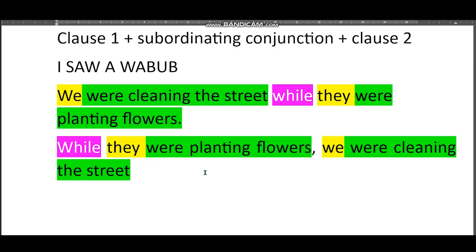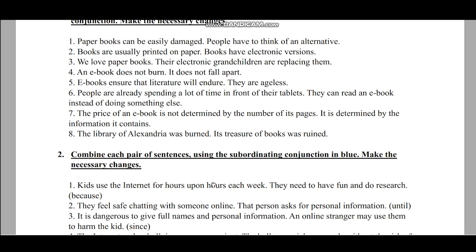So, there are two correct ways to join two clauses with a subordinating conjunction. If it's in between, we do not add any commas. If we started the sentence with the subordinating conjunction, so after the clause ends, we use a comma. Okay? So now, let's look at these exercises.